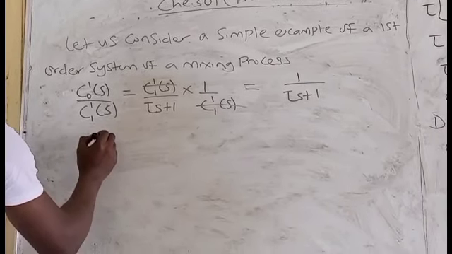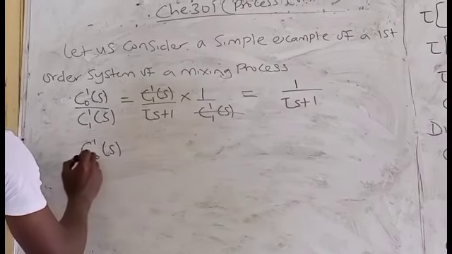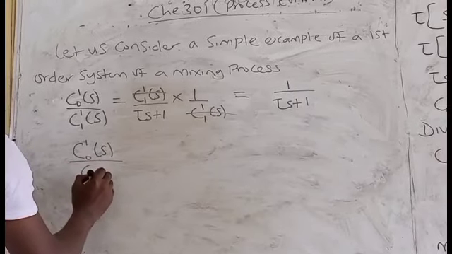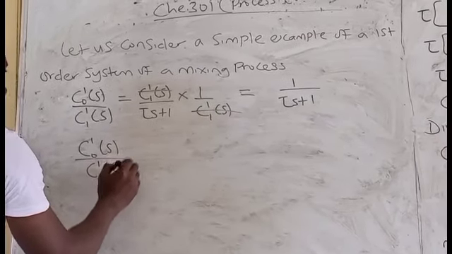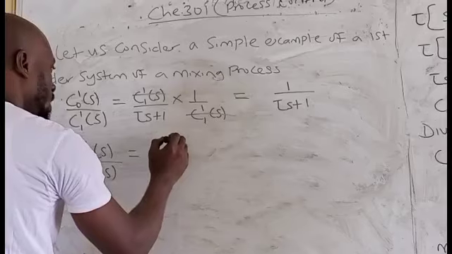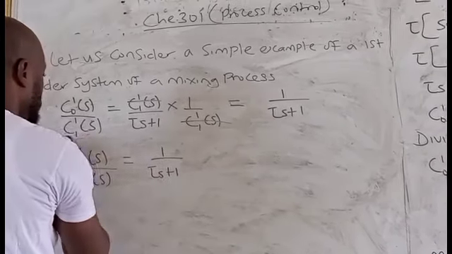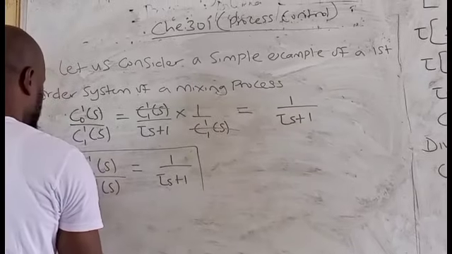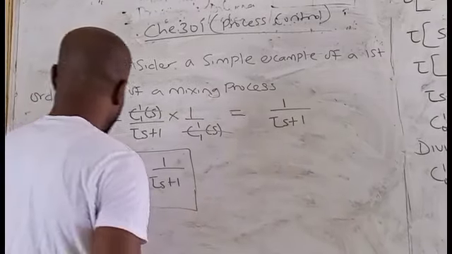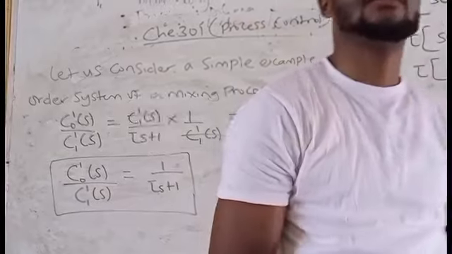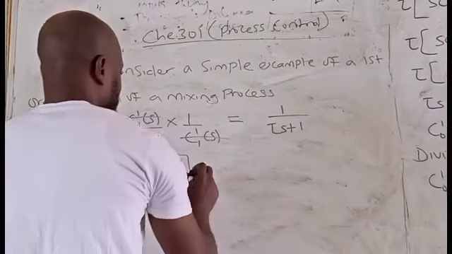So we're going to have C0'(s) over C1'(s) will give you 1 over tau s plus 1. This is an equation I need to get. This is what we call the transfer function.